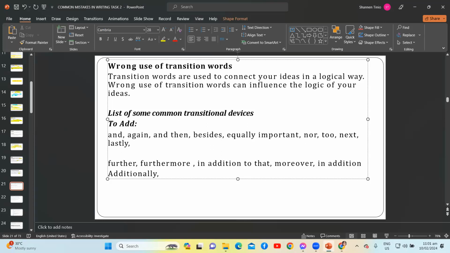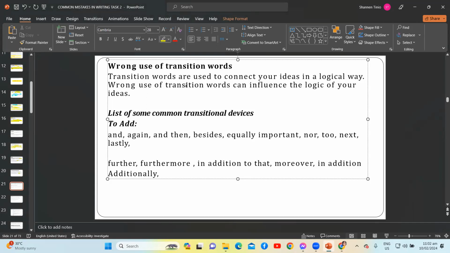So, ano nga ba ang transition words? Balik tayo sa transition words. Transition words are used to connect your ideas in a logical way. Wrong use of transition words can influence the logic of your ideas. Let me highlight this fact.